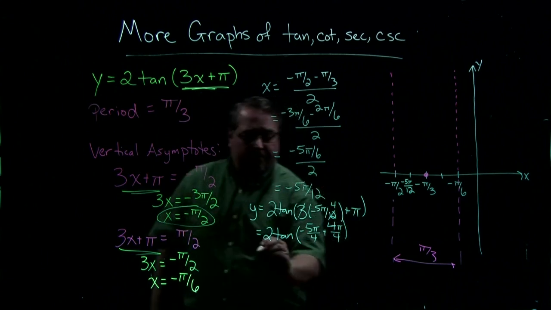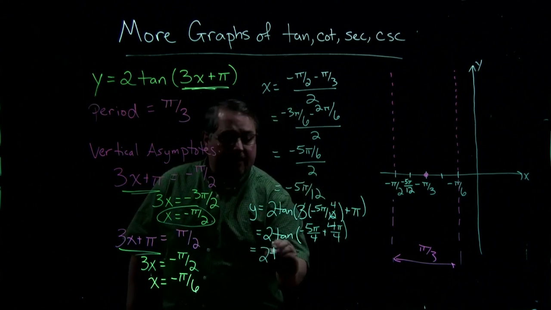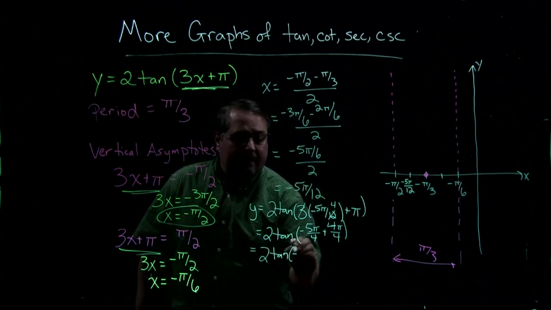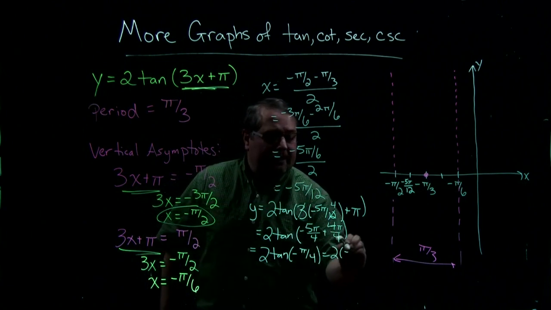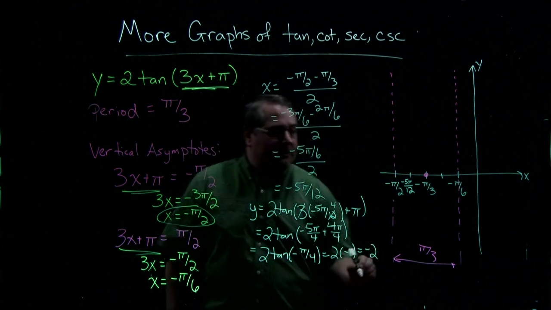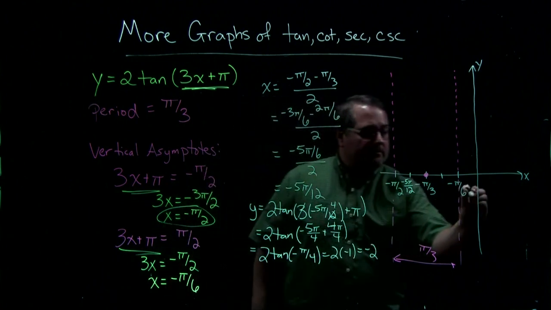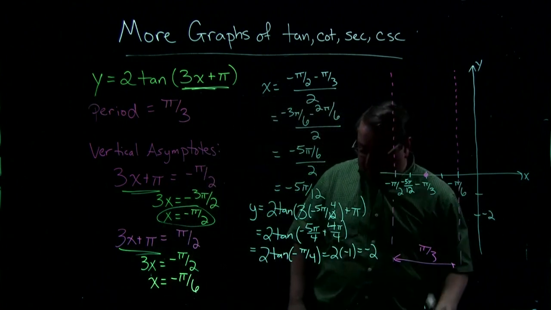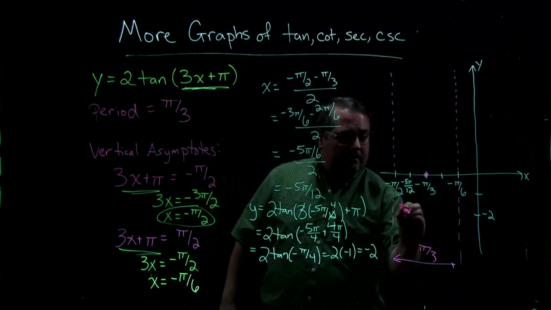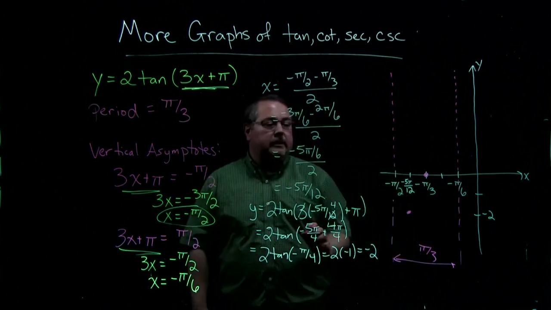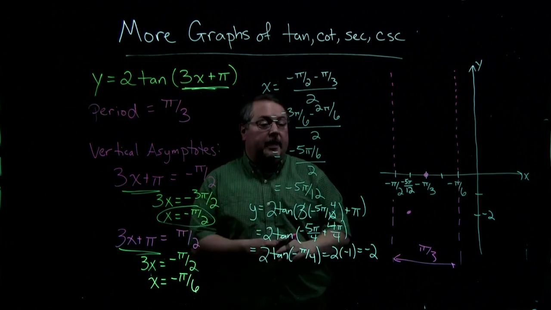Okay, so that's 2 times the tangent of negative pi over 4, which is 2 times negative 1, or negative 2. So we'll have a point at x equals negative 5 pi over 12, y equals negative 2.